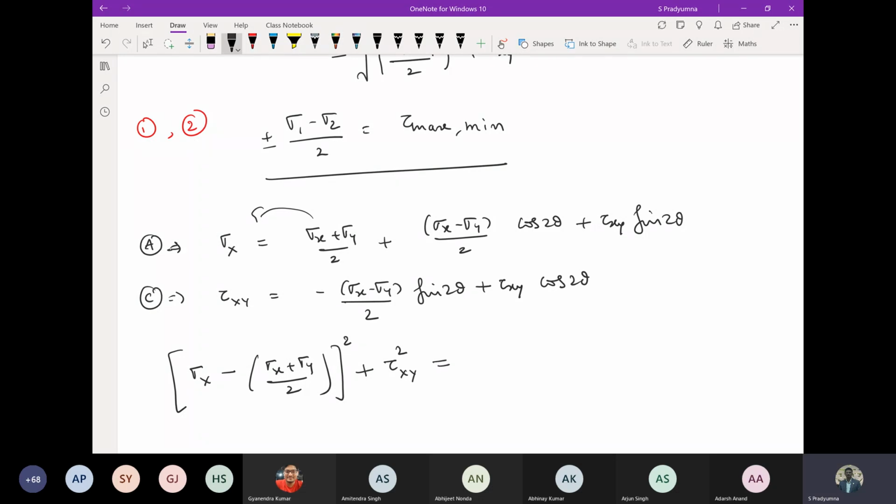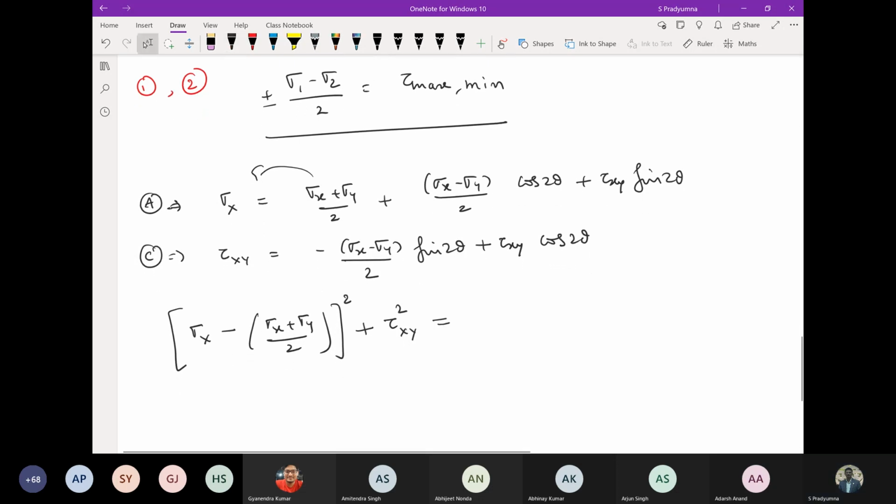If I do this calculation, what I get is sigma capital X minus (sigma small x plus sigma small y) by 2 whole square plus tau XY square, equal to (sigma x minus sigma y) by 2 whole square plus tau xy square. Is it correct?